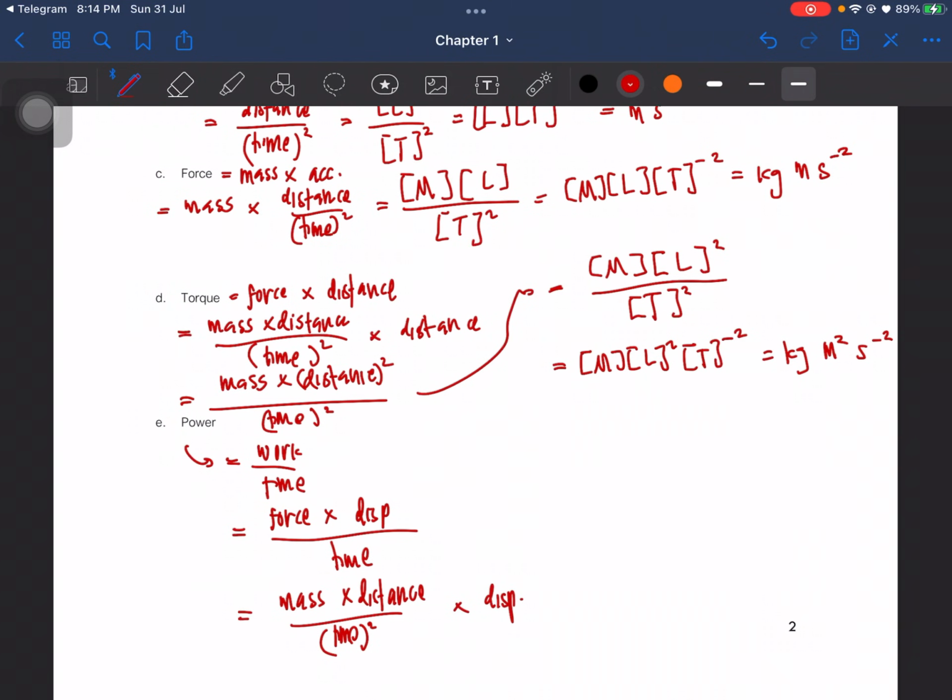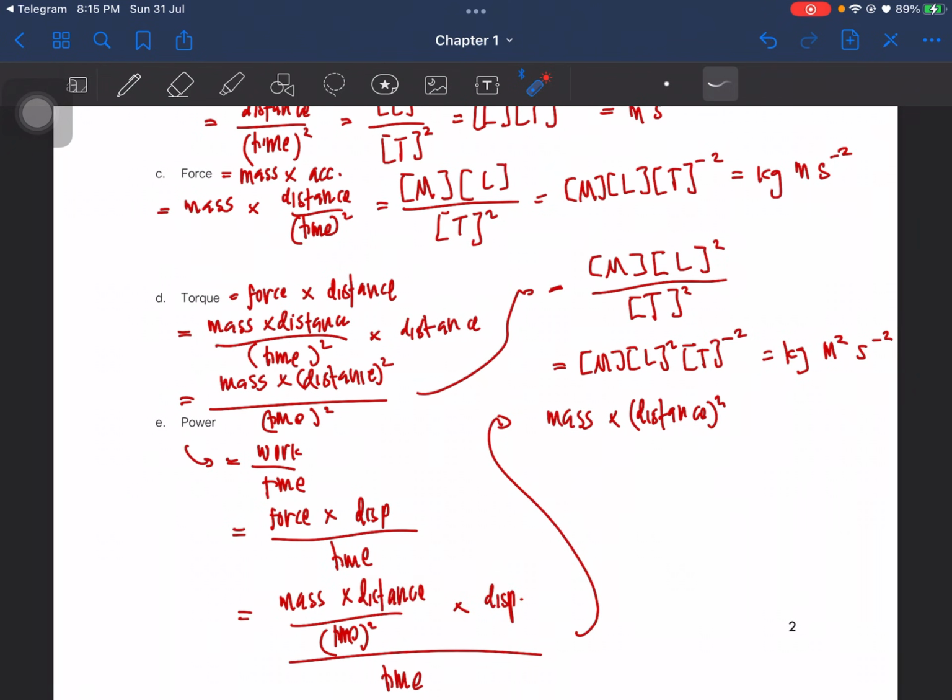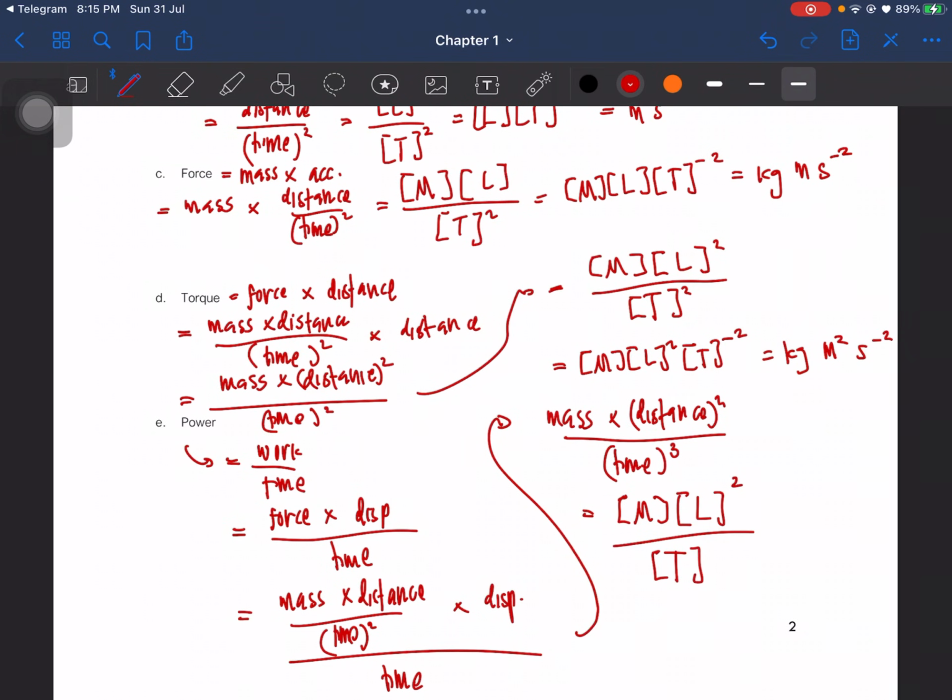If we simplify this, we have mass times distance squared, because distance and displacement have the same dimension, divided by time cubed. So we have mass, distance squared, divided by time cubed. This one we can directly write as kilogram meter squared per second cubed.